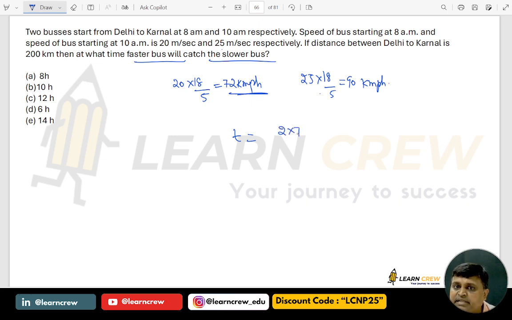So 2 into 72 kilometers it has covered. Time is equal to relative distance by relative speed. Both are traveling in the same direction. So 90 minus 72. So it takes 8 hours. So answer is 8 hours.